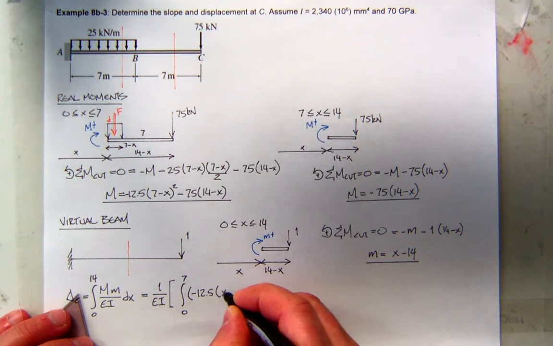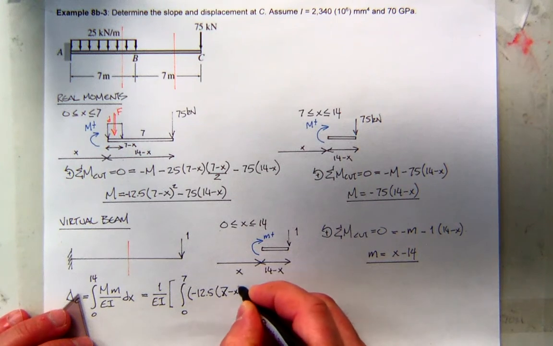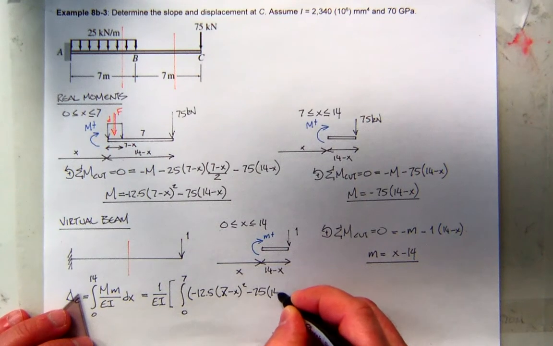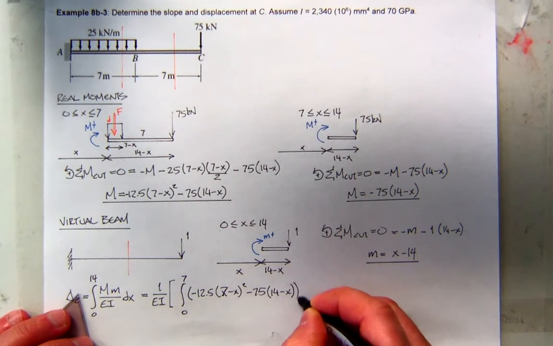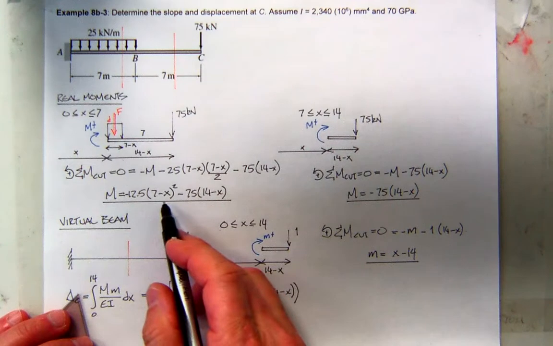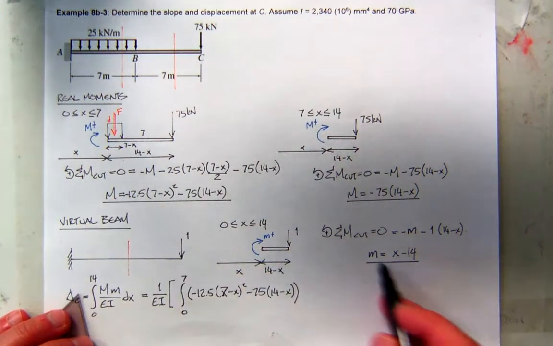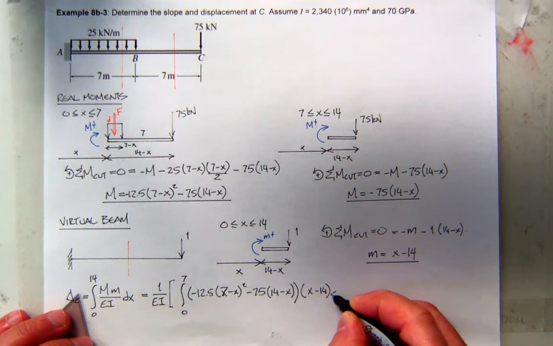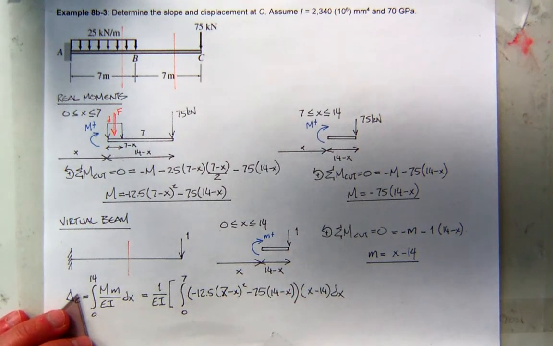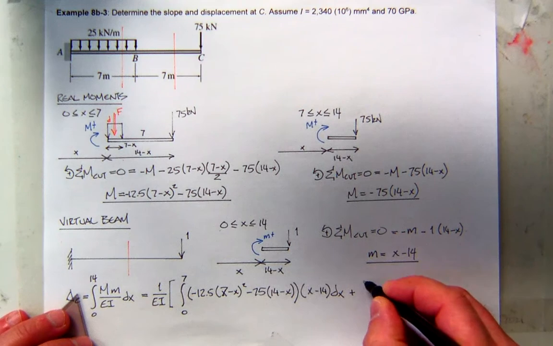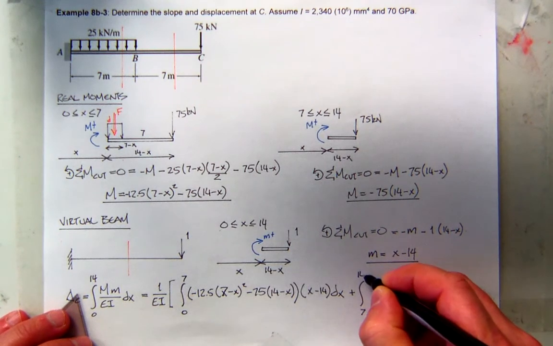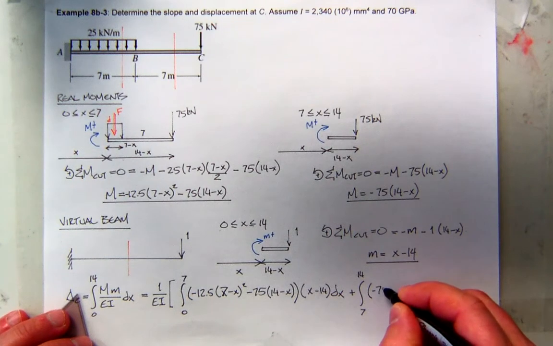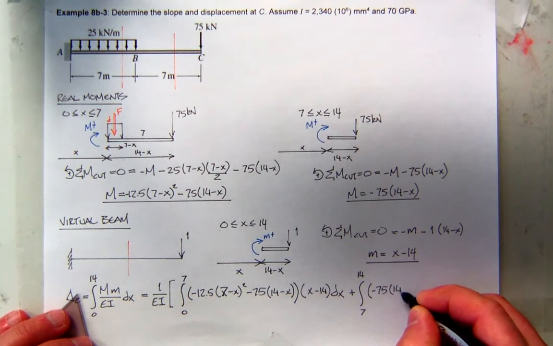12.5 times (7 minus x) squared minus 75 times (14 minus x). So that's the real moment. And the virtual moment from 0 to 7, what's this, right? dx. And then plus the integral from 7 to 14. What's the real moment? That's negative 75 times (14 minus x).